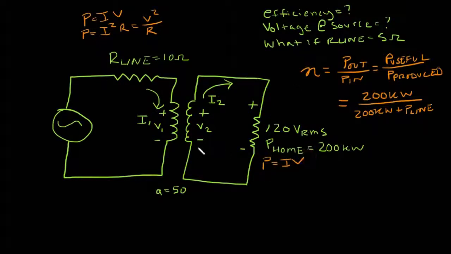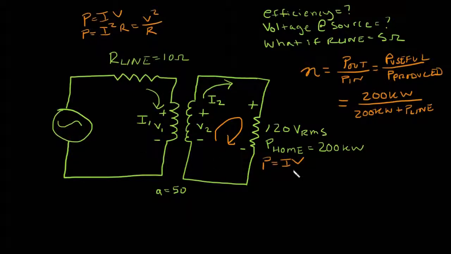And I know that my voltage here has to be 120 volts, because if we drew a KVL loop right here, we would have V2 equals 120 volts. So, I know V2, I could use the a value and get V1, but that doesn't tell me the voltage across the resistor, and I don't have the voltage here at the source, so I don't really have an easy way to find the voltage there.